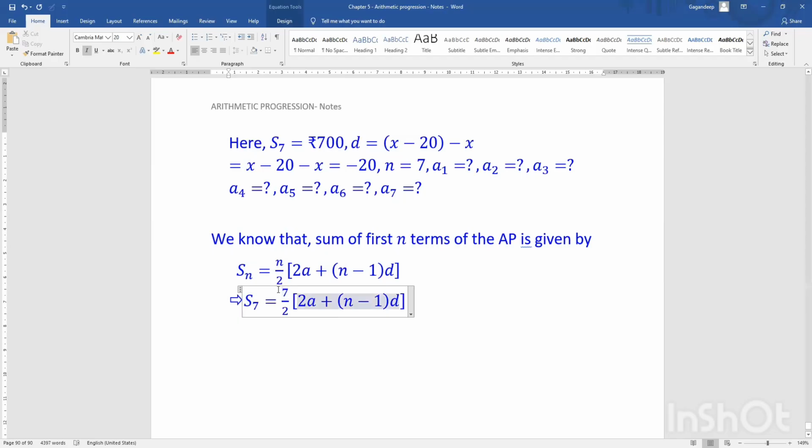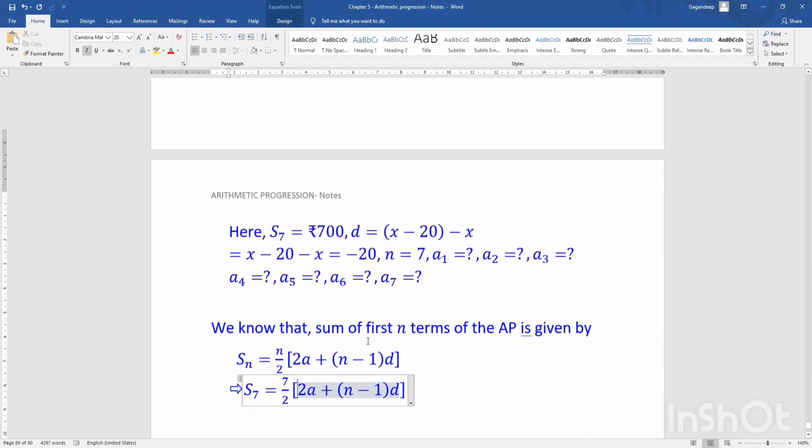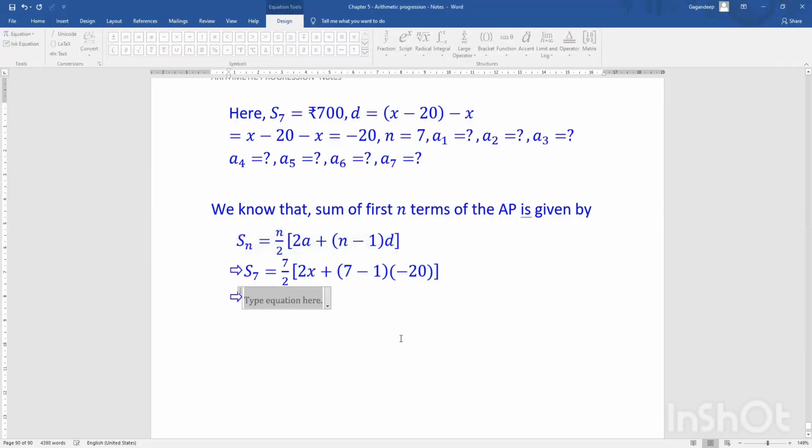And what about the a value? The a value is the first term. Take it as x. And then again, n value is 7 minus 1, into the d value, you got it as minus 20. Bracket close. Now what is S7? We know it is to be 700.